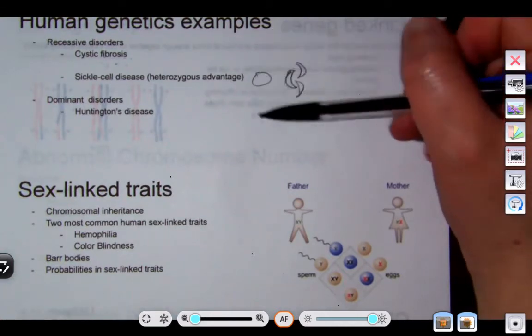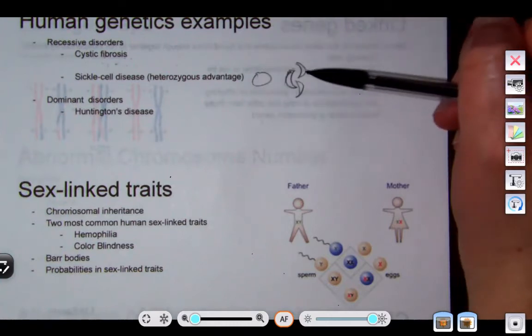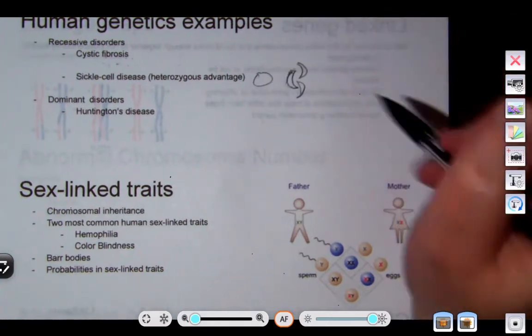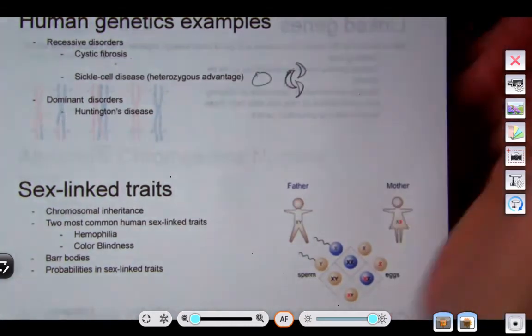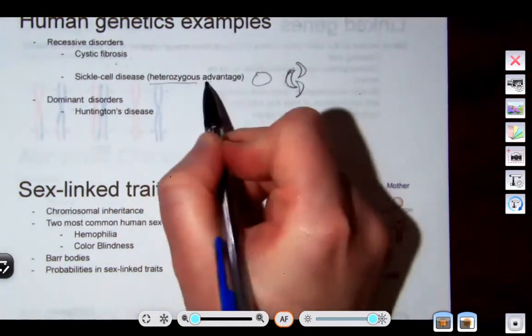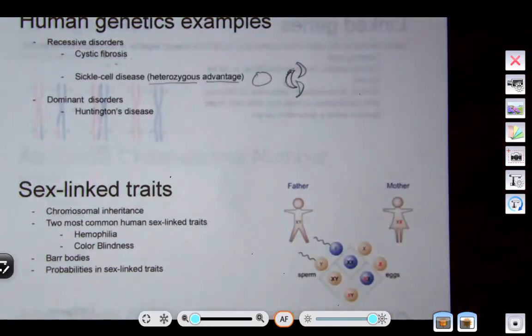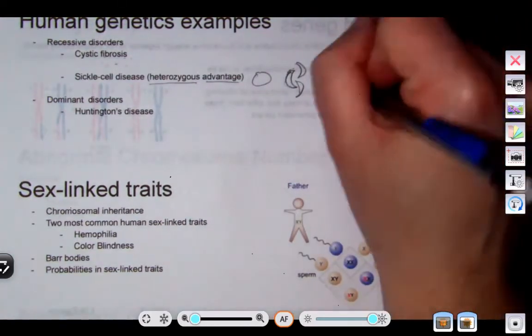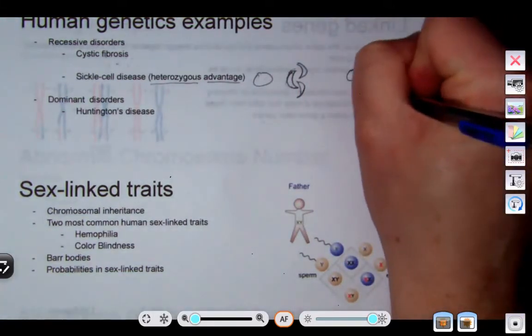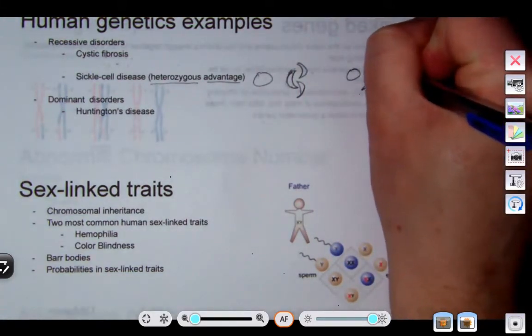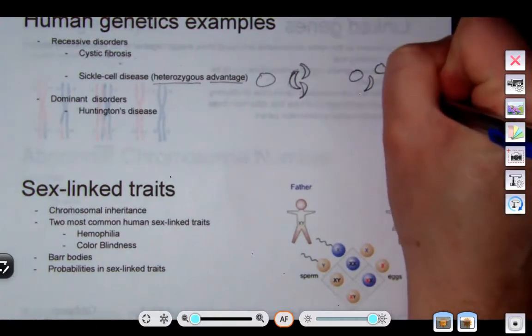And it's much more prevalent in the African American community for a number of reasons. The main one is actually because it provides what's called a heterozygous advantage. In this case, heterozygotes, instead of making this or this, end up making a mix. Because what it means to be heterozygous is you're actually using both genes.